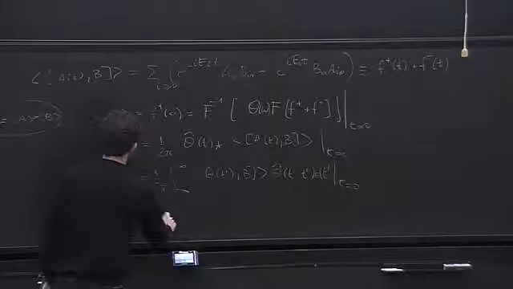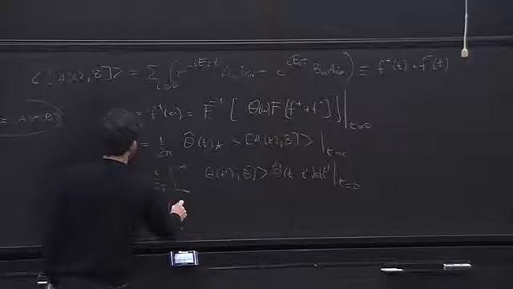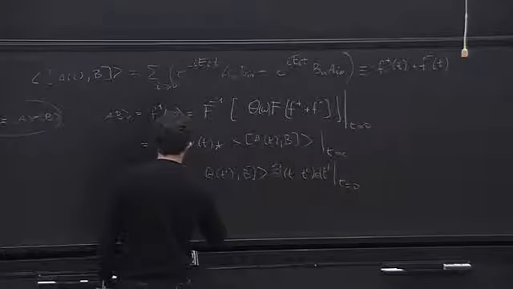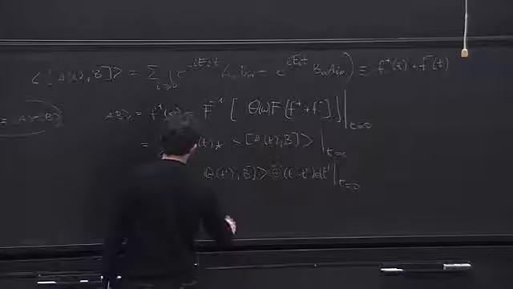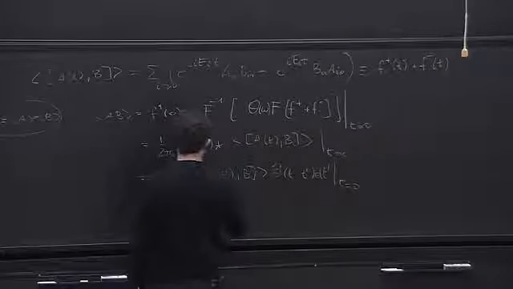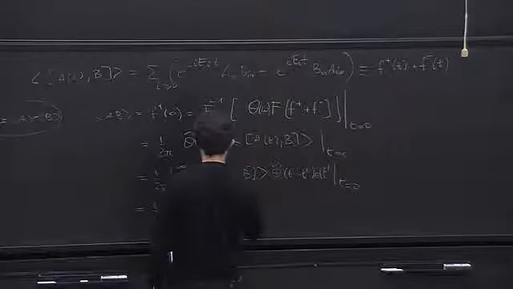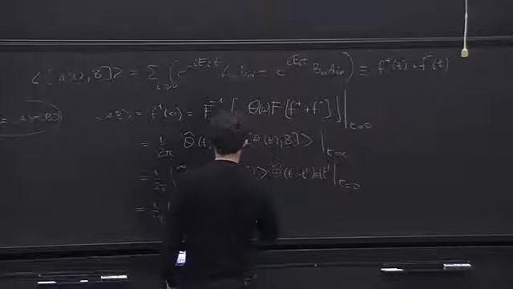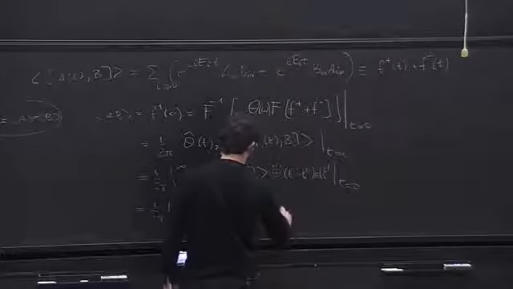Let me be boring: integral from minus infinity to infinity of this expectation value, where I can just change t prime back to t. But this is minus t, right?